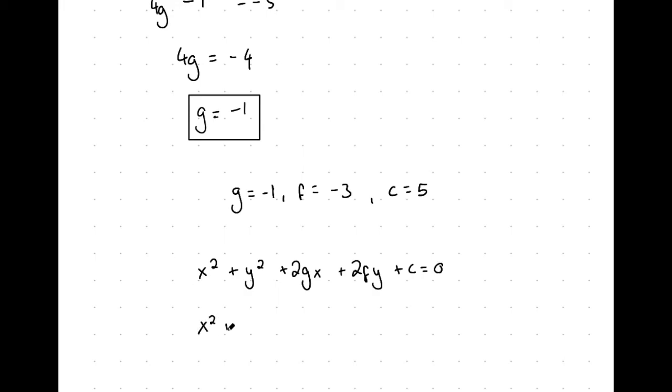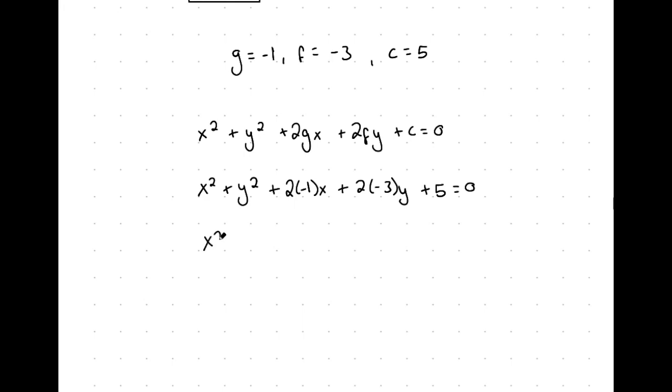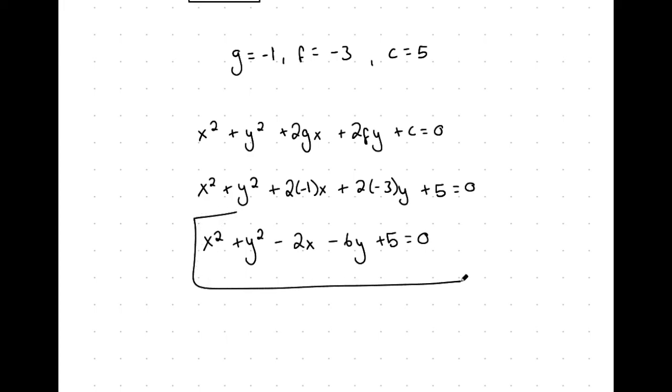And that is going to give us the equation of the circle, the specific one. So we're moving from general to specific terms. So I'm just subbing in what I know for each of the letters now. And tidying that up, I get x squared plus y squared minus 2x minus 6y plus 5 is equal to 0. And there's my equation of my circle.